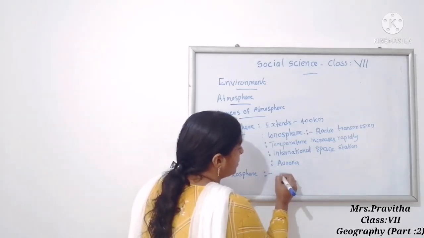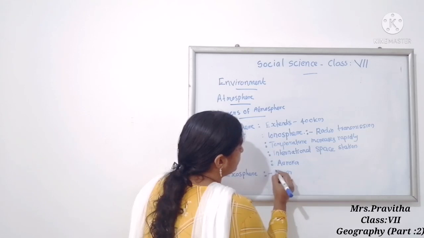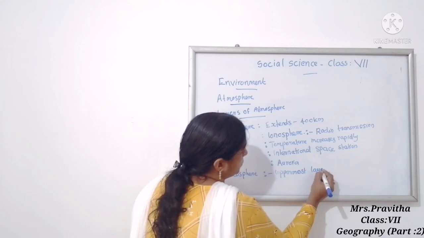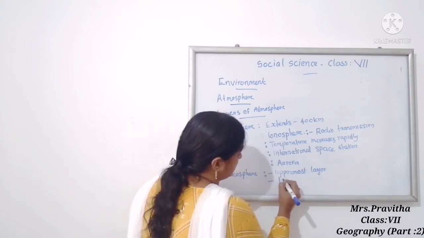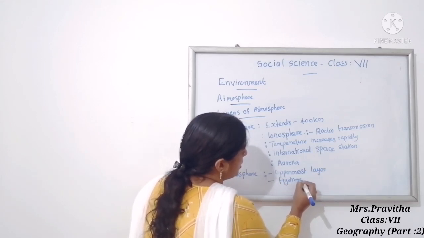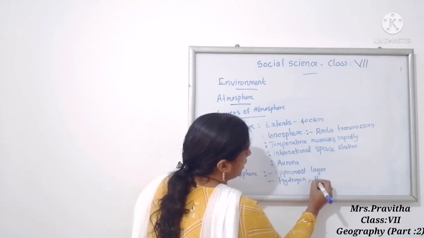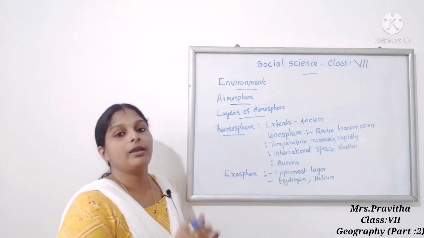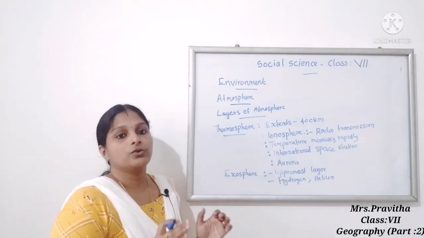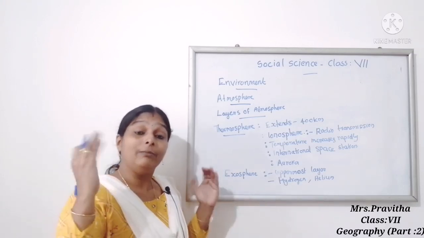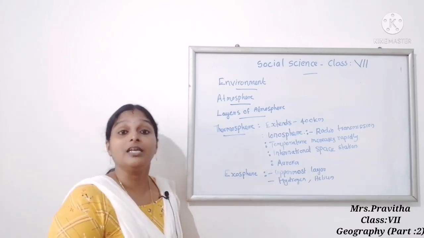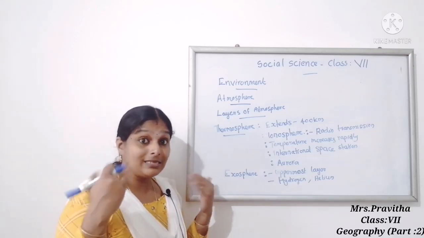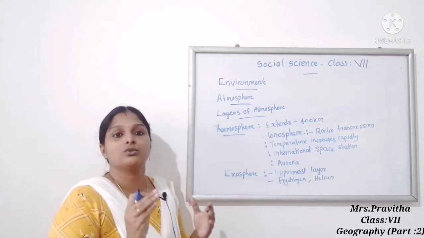The uppermost layer of the atmosphere mainly has light gases such as hydrogen and helium. This layer extends into limitless space where the earth's gravity does not operate.